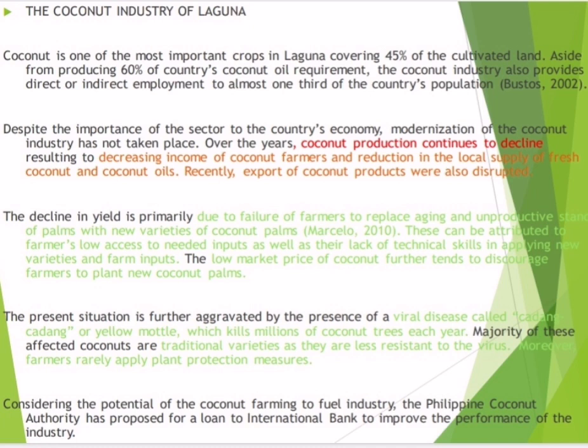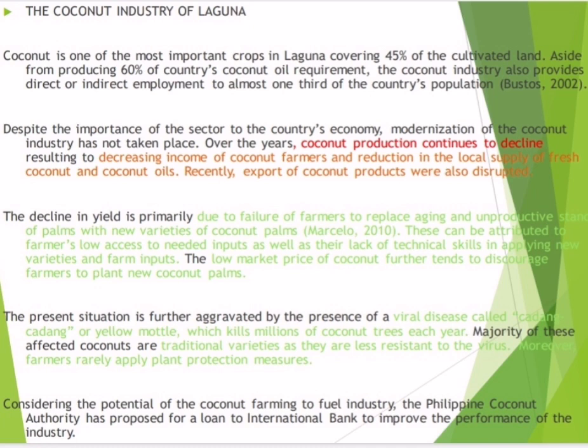So the researcher here is giving the justification of the coconut farming potential in the fuel industry, and also giving reasons to conduct a study: if a bank could provide farmers a loan so they can buy modern or new varieties of coconut to plant, maybe it can improve the performance of the industry.